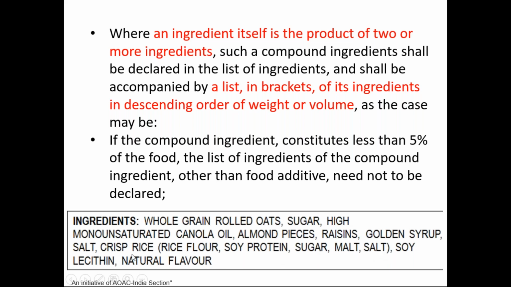So if a compound ingredient is added, within parentheses, you put the ingredients used to make that compound. So if the compound ingredient, however, constitutes less than 5% of the food, the list of these is not required. So it all depends on what is the percentage of the ingredients that you have used.